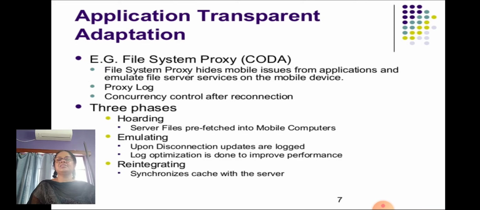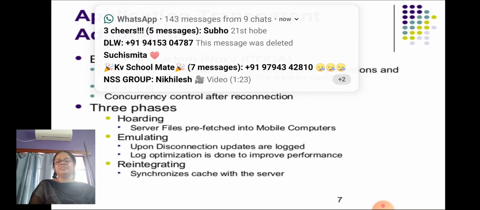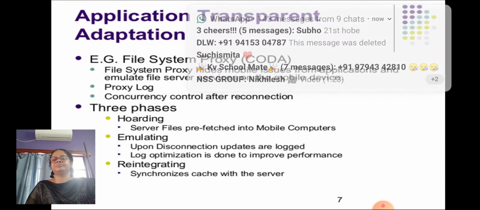Example, file system proxy CODA. The file system proxy hides mobile issues from the application and emulates file server services on the mobile device. The proxy logs updates for concurrency control after reconnection.